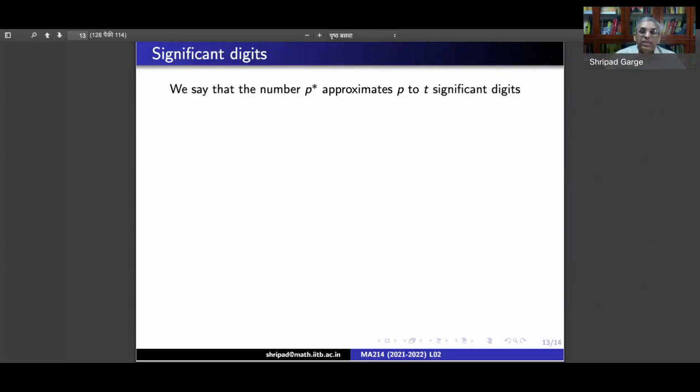And so we define by saying that p star approximates p to t significant digits if t is the largest non-negative integer for which the relative error is less than 5 into 10 power minus t. So the relative error is going to tell us whether p star approximates p to t significant digits or not.